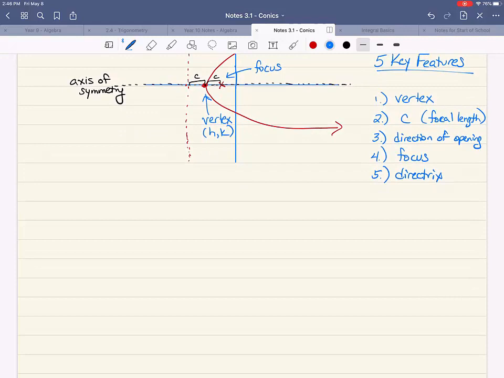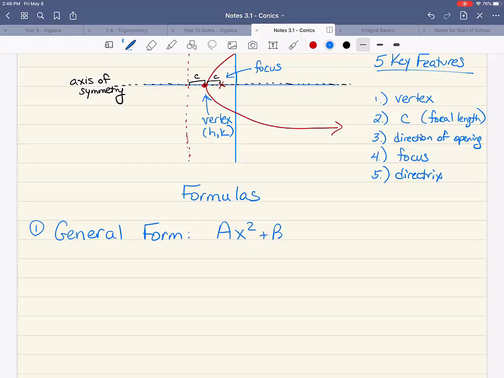All right, now let's talk about the formulas that you need. First of all, general form. And guess what? General form is the exact same general form as it was before. AX squared plus CY squared plus DX plus EY plus F equals 0.